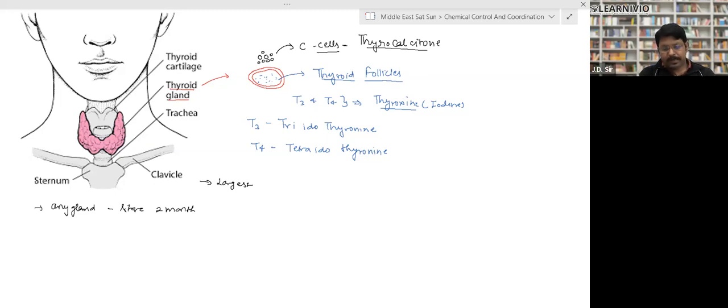T3 and T4 are collectively called thyroxine.